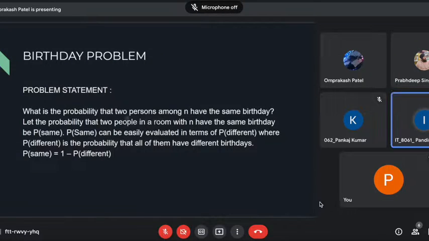I am Ravteja. I worked on the birthday problem topic, and the problem statement is: what is the probability that two persons among n have the same birthday? If we assume the probability of having the same birthday as p same, we can easily evaluate it in terms of p different.